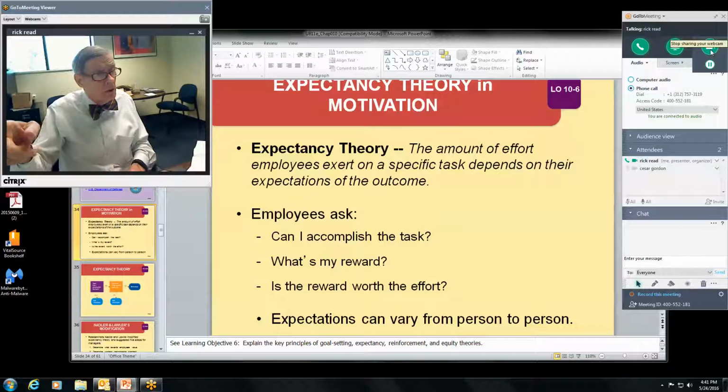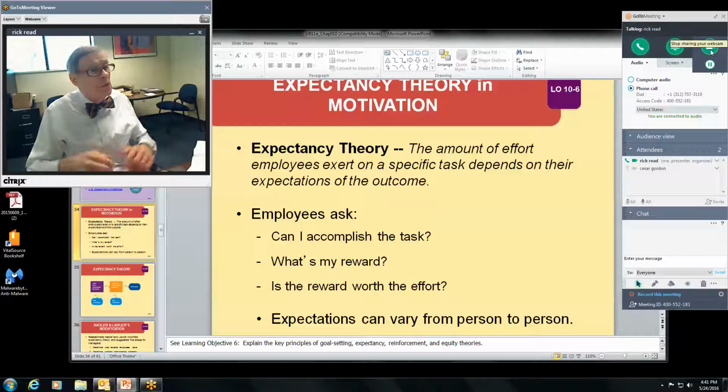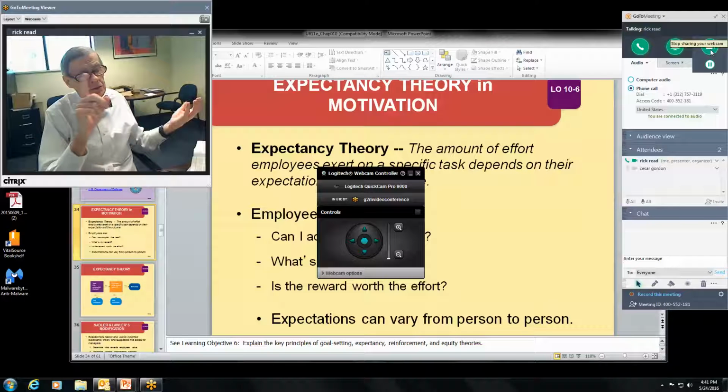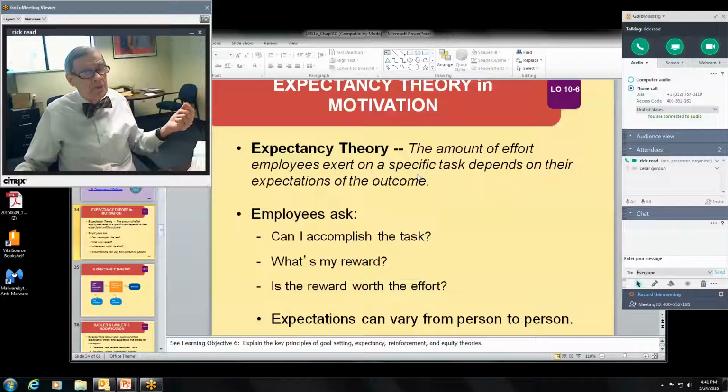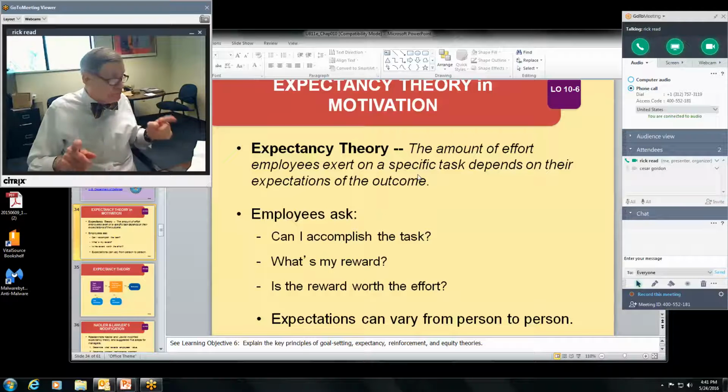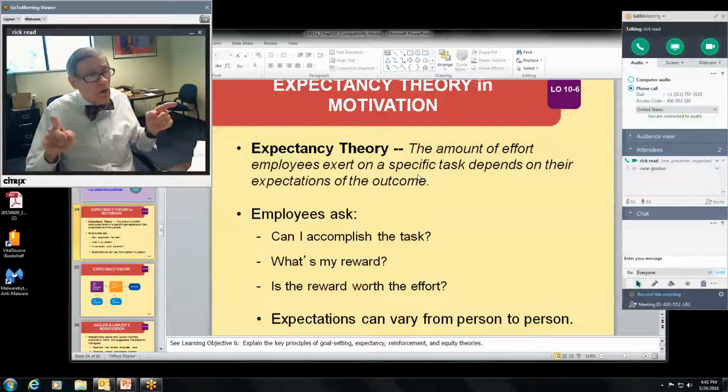Can I do what's expected of me? Am I going to be rewarded? Now, remember, this reward isn't necessarily monetary. It could be the intrinsic value. I'm going to get satisfaction out of mission accomplished, if you will. And then finally, is the reward going to be worth my effort?